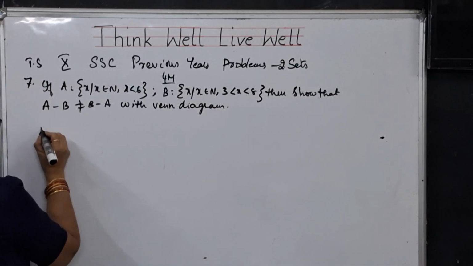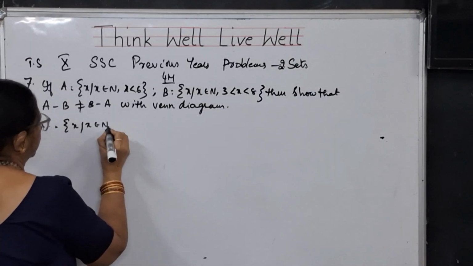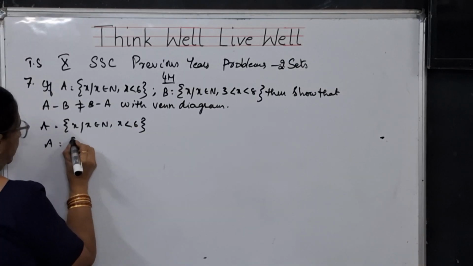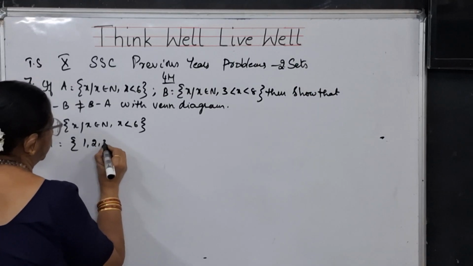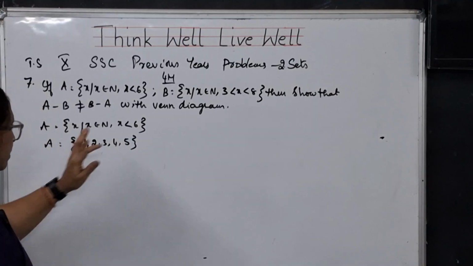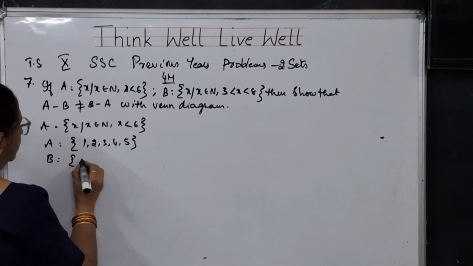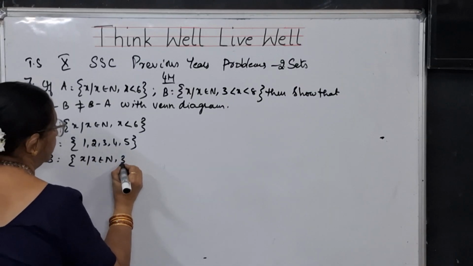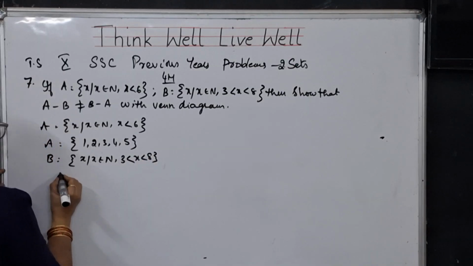So, set A is equal to x such that x belongs to N, x is less than 6. What are the elements, children? Natural numbers start with 1: 1, 2, 3, 4, 5. 6 is not there because they said x is less than 6 only. Now, B is equal to x such that x belongs to N, 3 less than x less than 8.